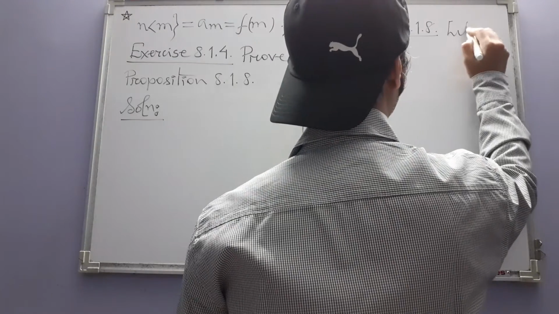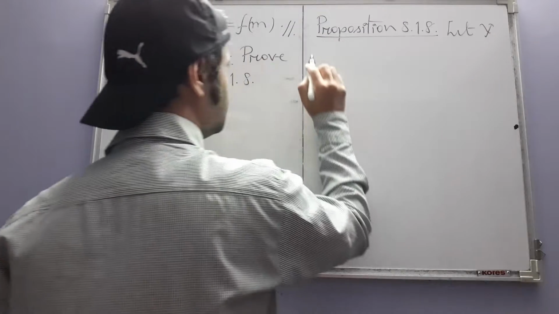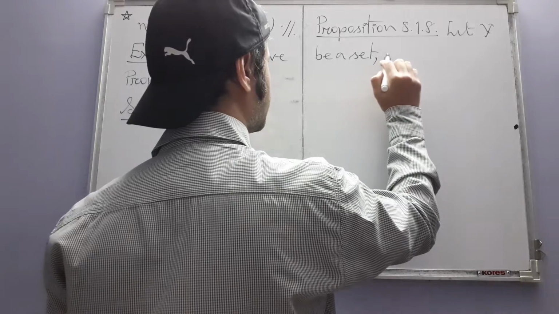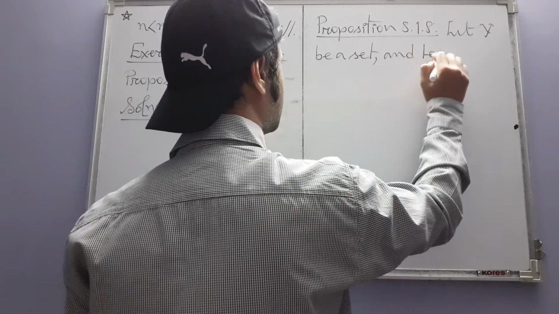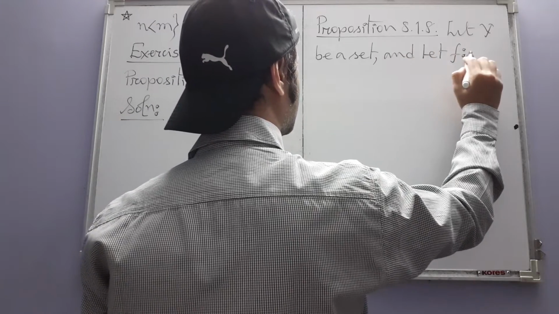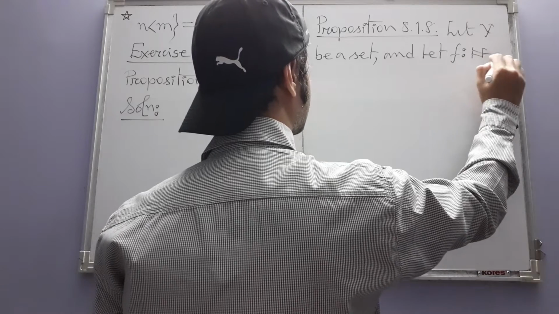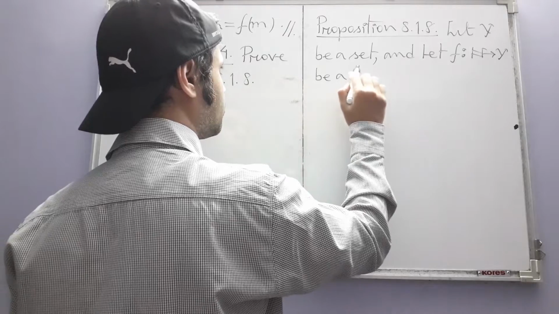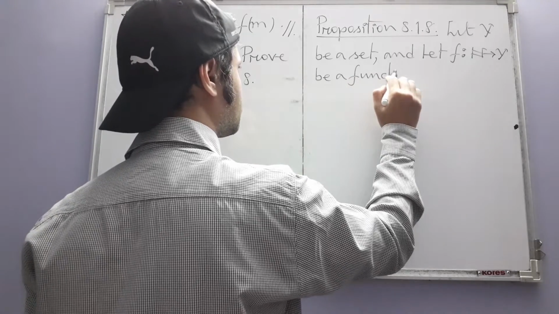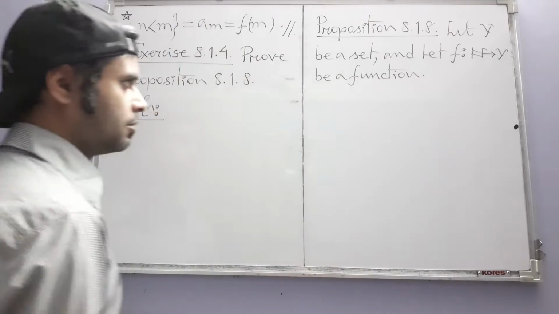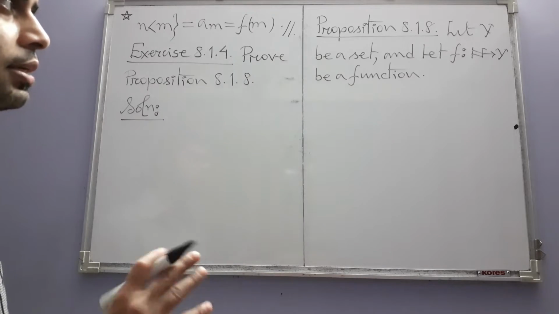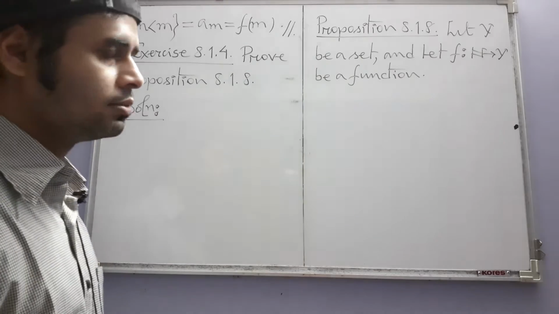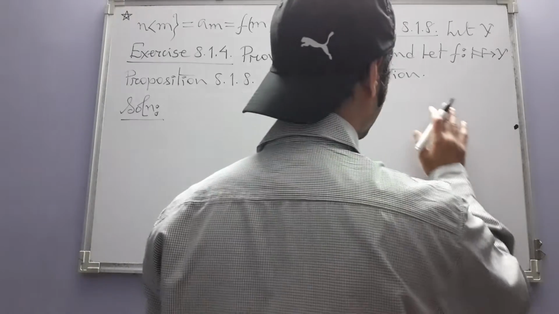Let y be a set and let f from n into y be a function. So that's just it. F is a function whose domain is the set of natural numbers and range is y, some non-empty set of course.